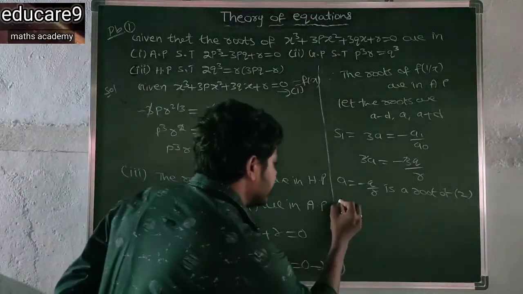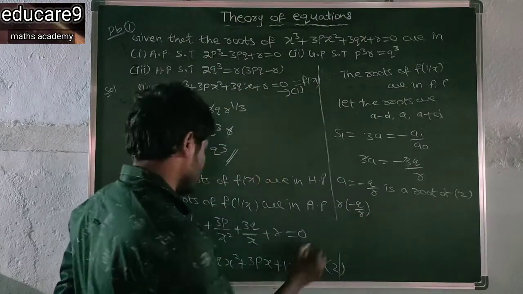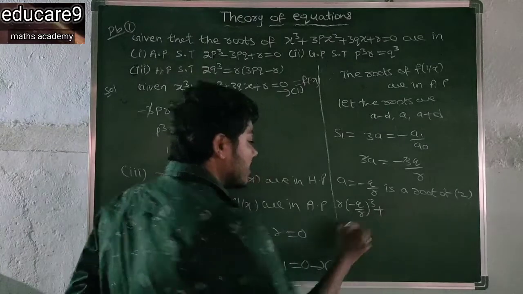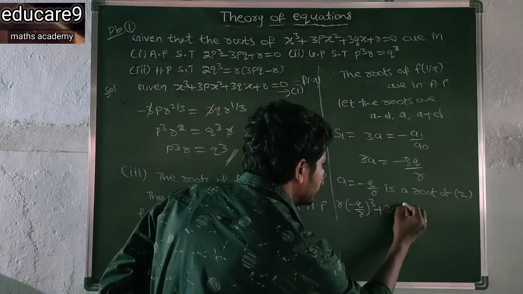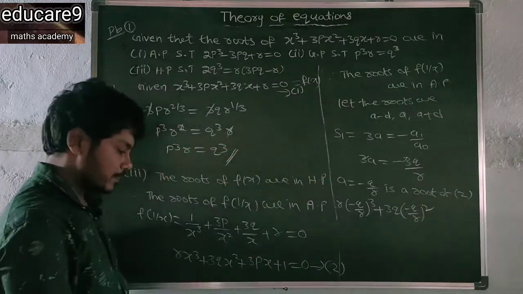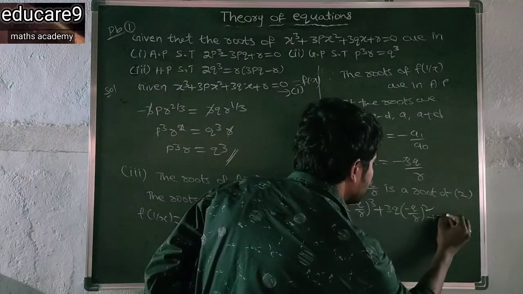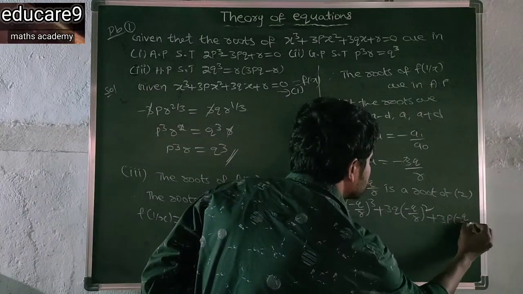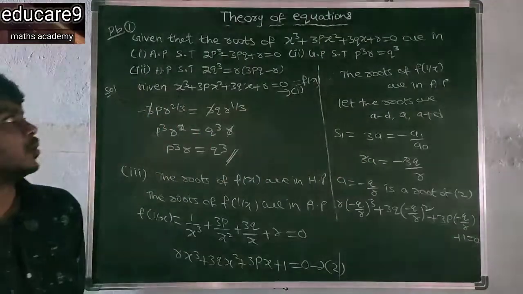So that is r into minus q by r whole cube plus 3q into minus q by r whole square plus 3p into minus q by r plus 1 is equal to 0.